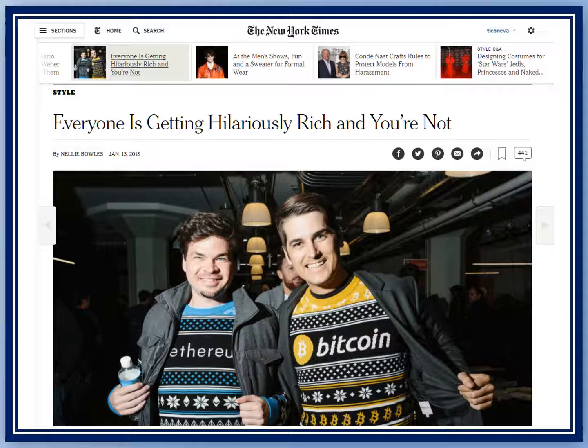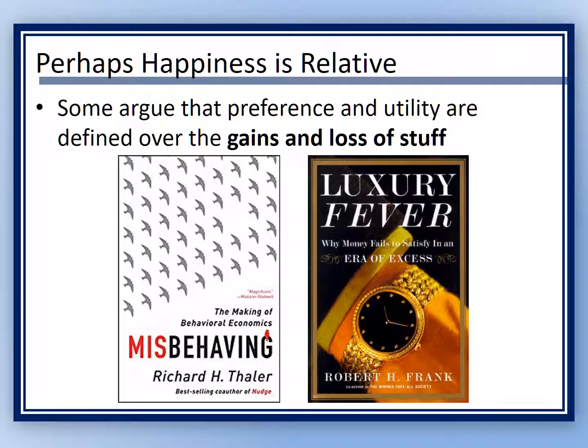So it looks like whether something makes you happy depends a lot on what's happening around you. Some argue that preference and utility are defined over gains and losses.